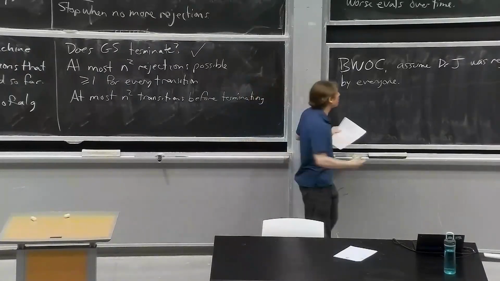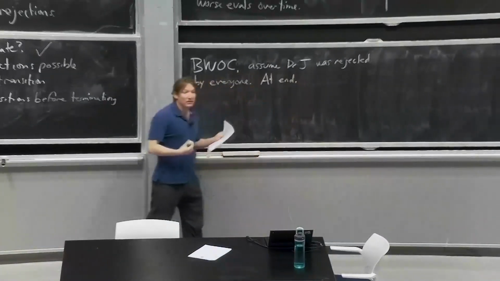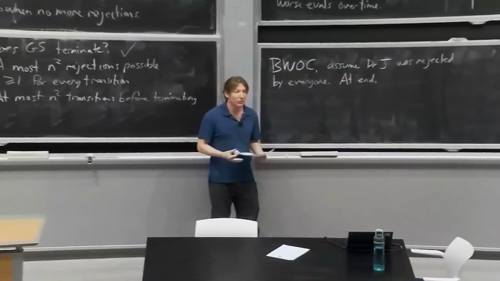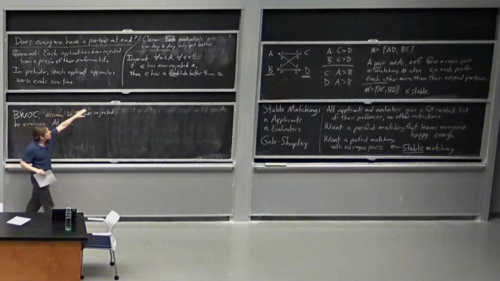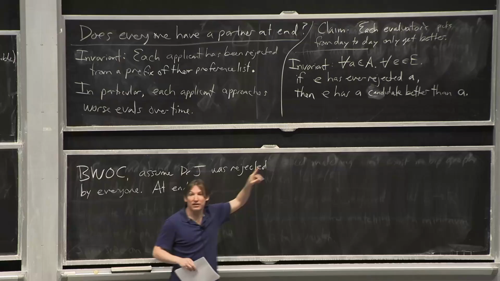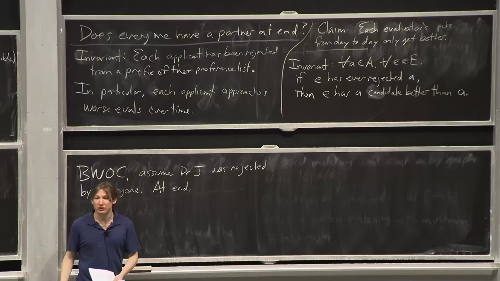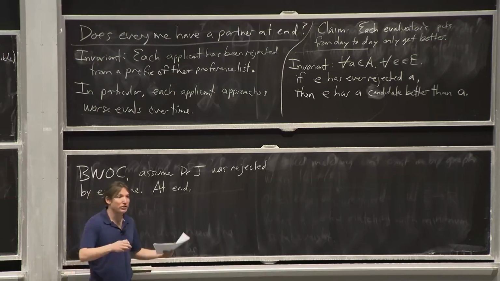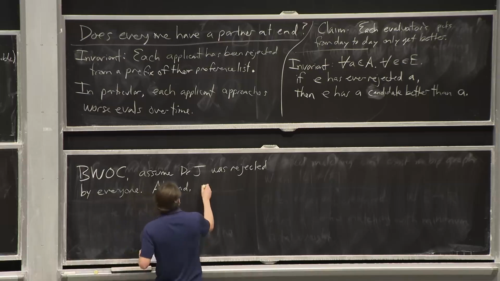Well, at the end of the algorithm, since all of the evaluators rejected Dr. Jekyll, well, what we wrote up here, this invariant, says that all of the evaluators have a candidate that's better than Dr. Jekyll. It was true when they rejected Dr. Jekyll, and it remains true from then on.